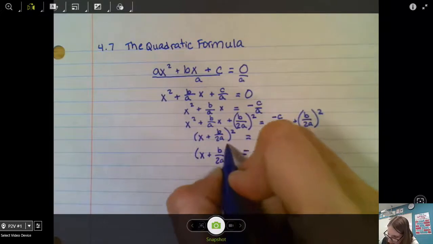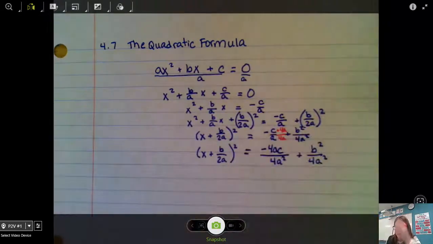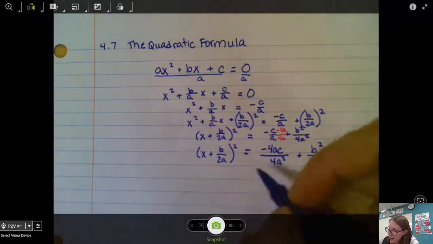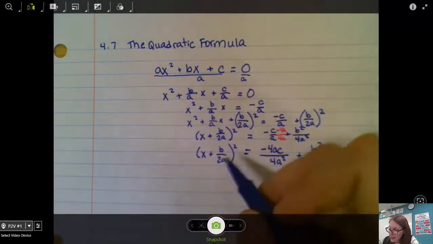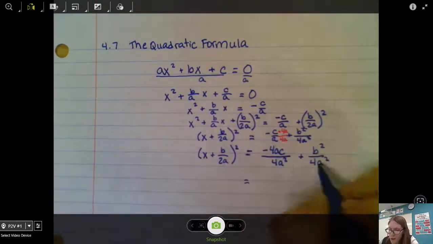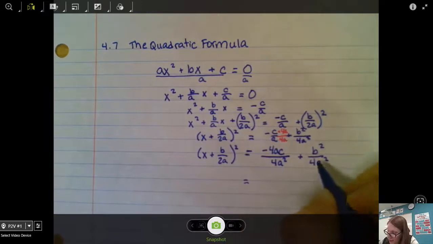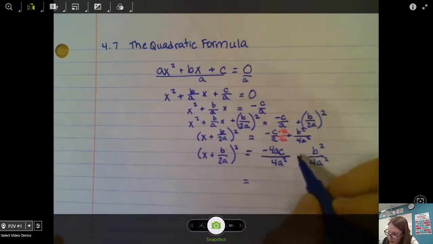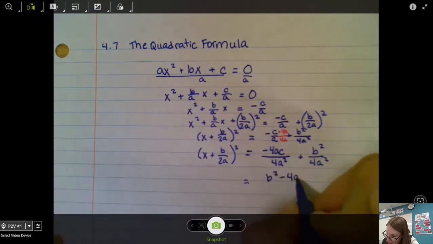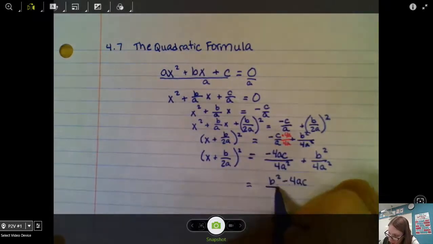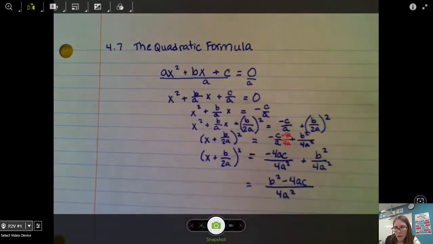And I haven't done anything to that left side. And then the last thing I'll do before I deal with my left side here is to combine my two fractions because I have a common denominator now. Negative 4ac plus b squared I could also write as b squared minus 4ac. And if you know your quadratic formula, you're probably thinking, oh, hey, that looks kind of familiar. Over 4a squared.